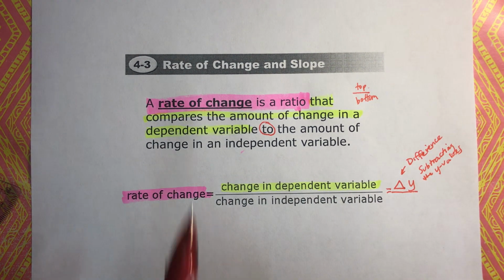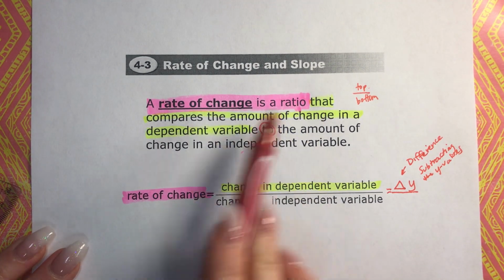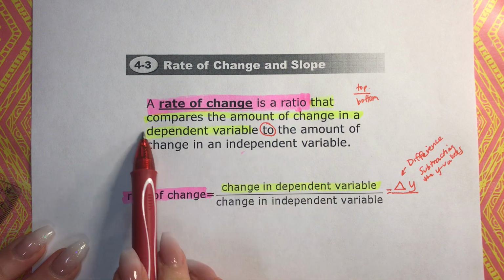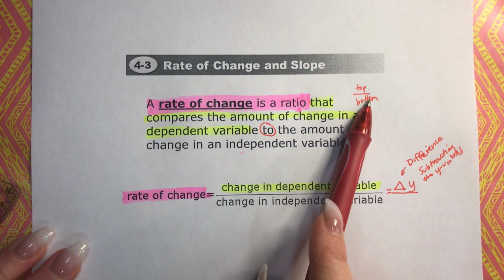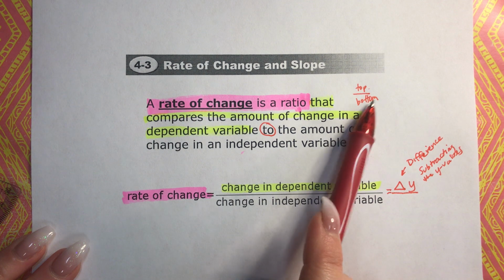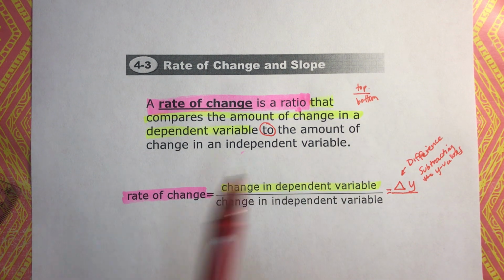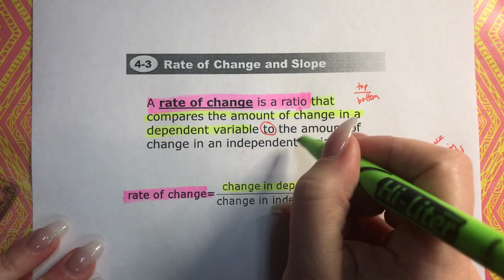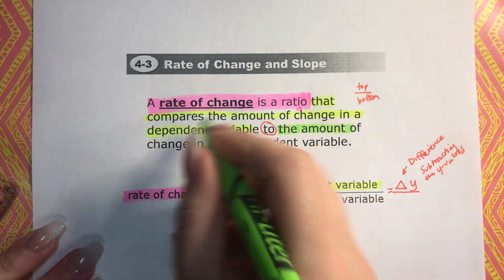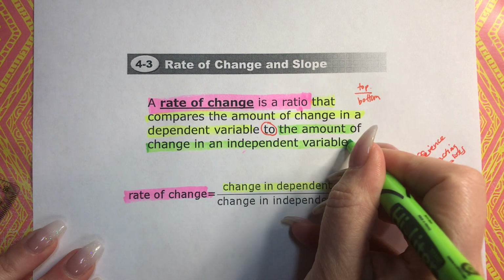So rate of change is the ratio, a fraction, that compares the amount of change in the dependent variable to, and that word to is a keyword because now we're switching to what goes on the bottom of the fraction: the amount of change in an independent variable.